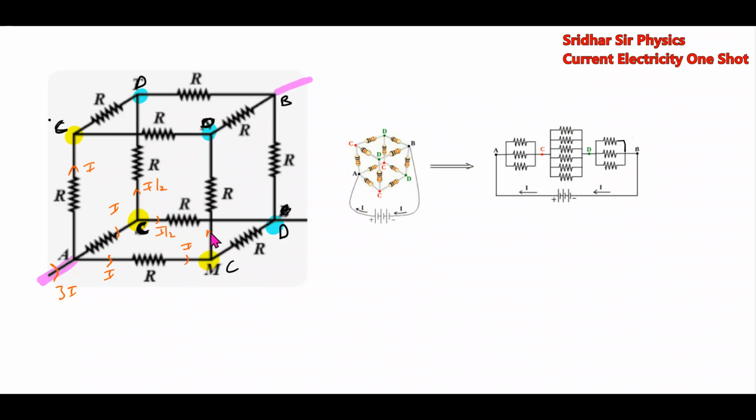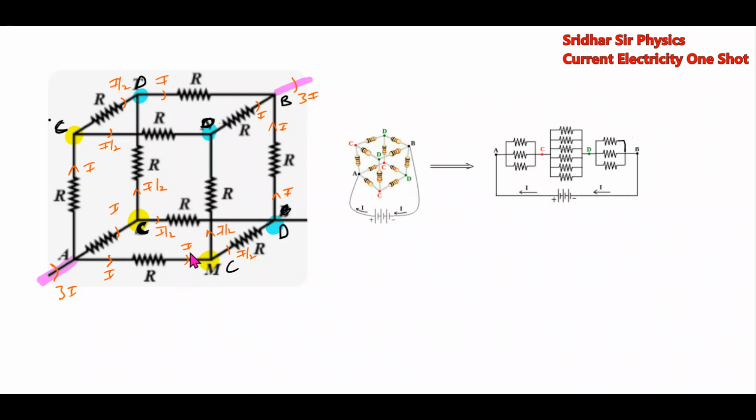This current I will branch as I by 2 and I by 2. This will combine, I by 2, I by 2. This will be I. Total will be 3I.